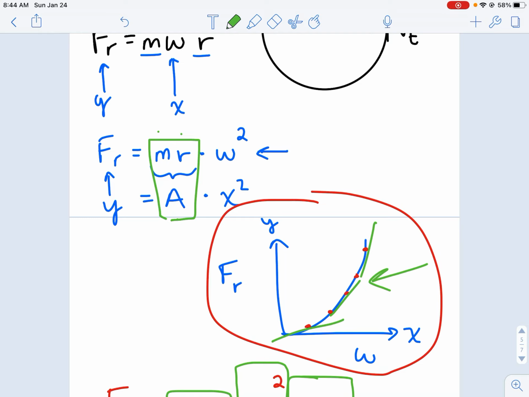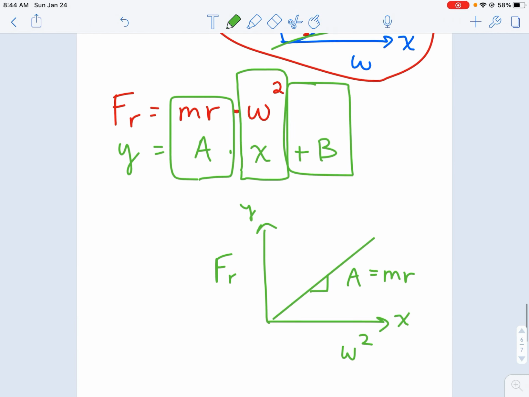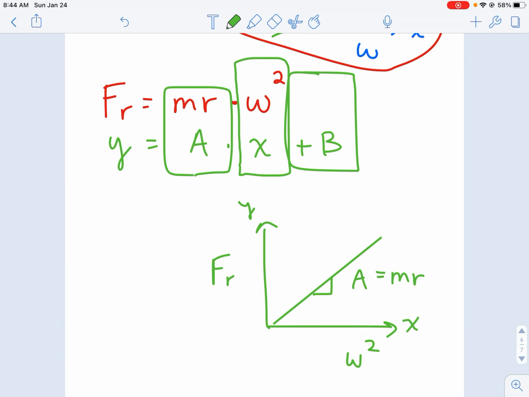But the other way to do it, the algebra-based way, is to graph omega squared, and then the slope of this linear graph, which is easy to find, rise over run, will give you the mr value, the mass times the radius, and then you could actually solve for the mass if you know the radius, or solve for the radius if you know the mass.